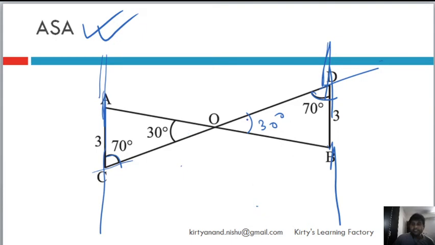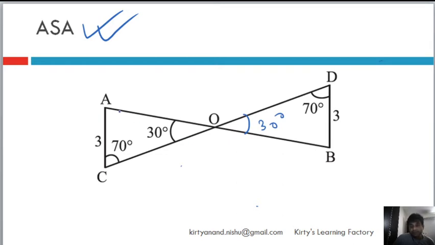Therefore AC is parallel to DB. Okay, this we learnt already. So AC is parallel to DB because alternate interior angles are equal. COD is my transversal.